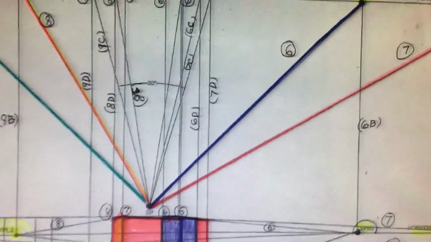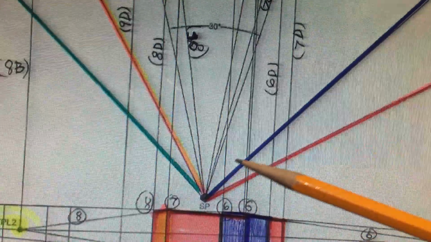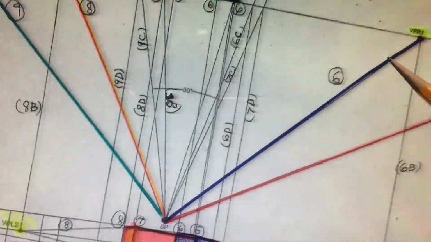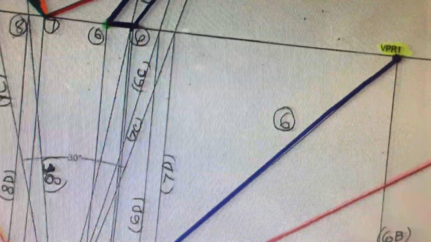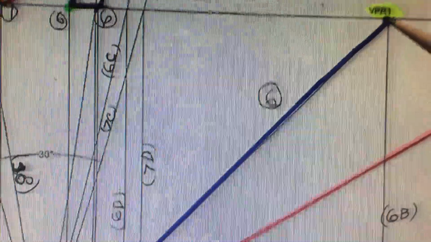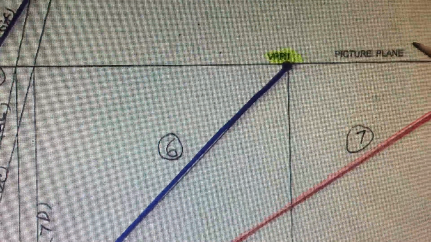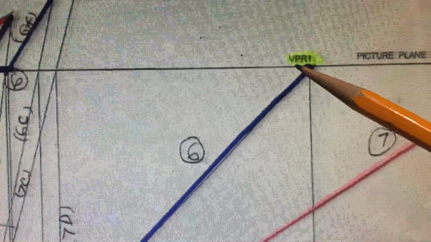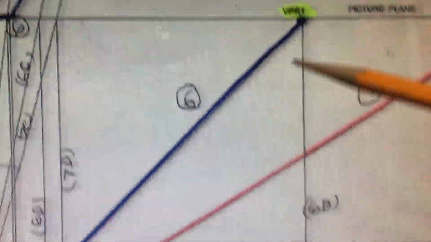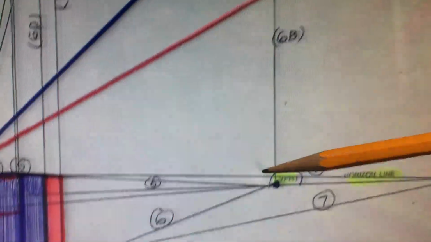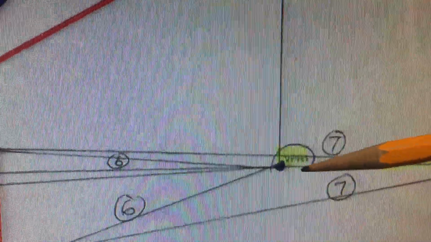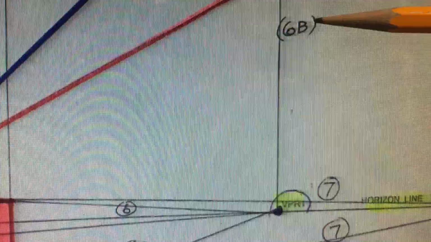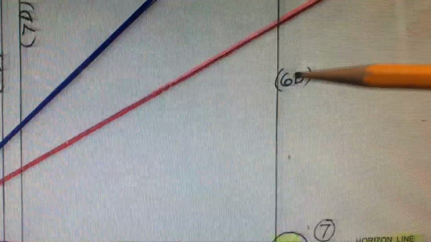Okay, so this one, the standard point right here. The first one, you draw the parallel line. Remember before, when you create the vanishing point, it touches the horizontal line, the picture plane, and you call that vanishing point right. When you drop down, you make vanishing point right 1, and I call this one 6B.